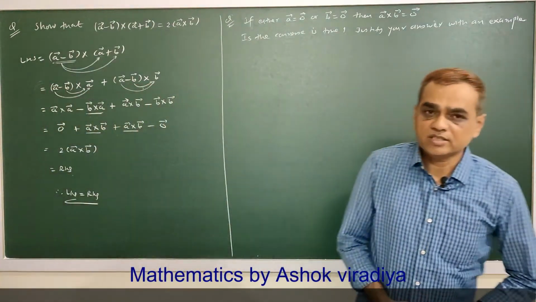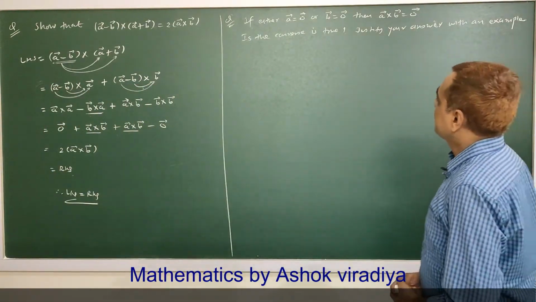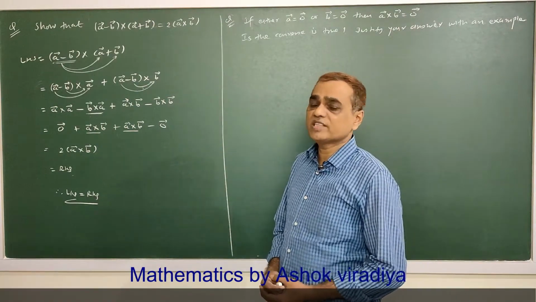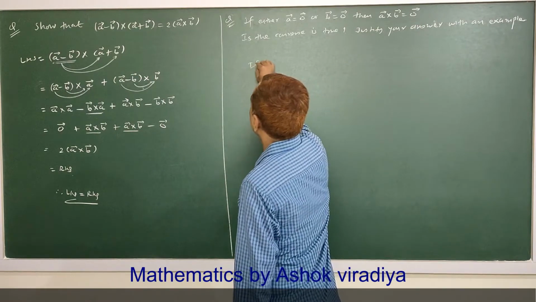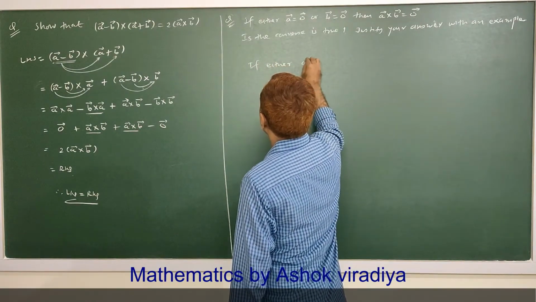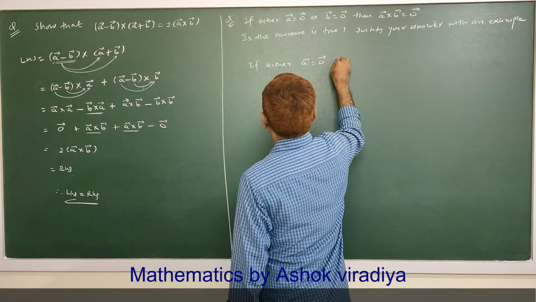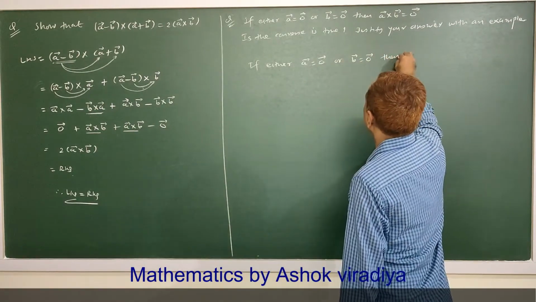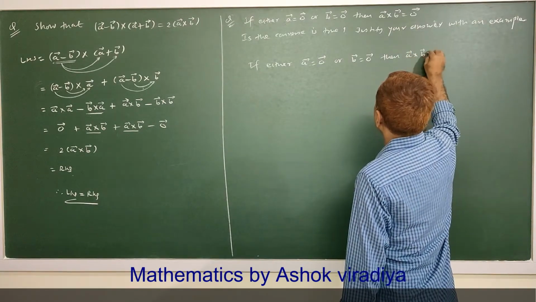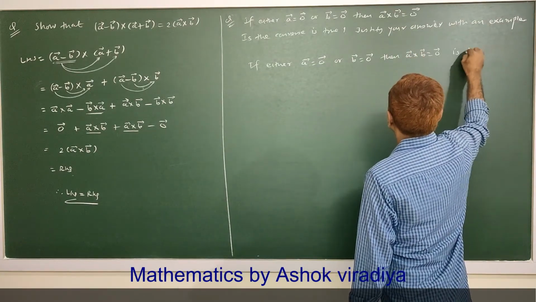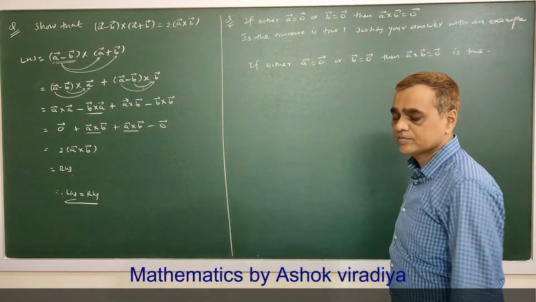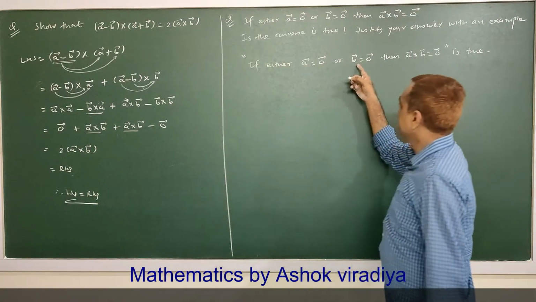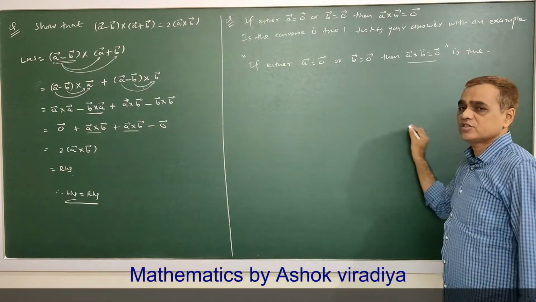Now in this question, if either vector A is zero vector or vector B is zero vector, then their cross product is zero vector. This statement is true. This is obviously true. If anyone from A or B is zero, cross product is zero.